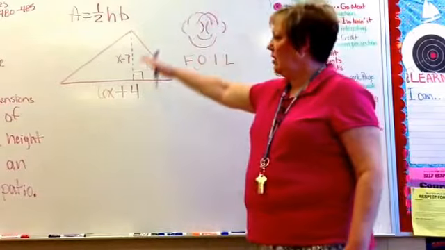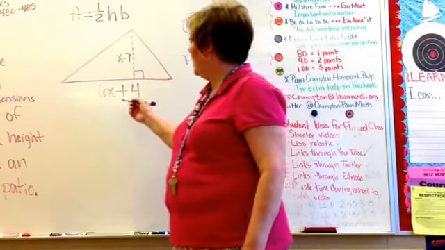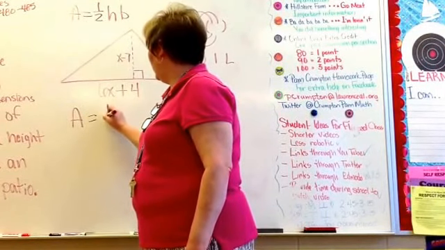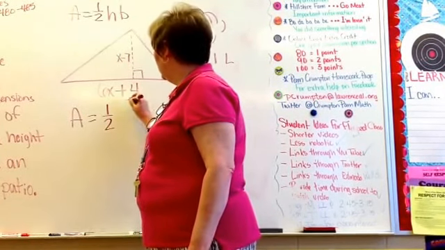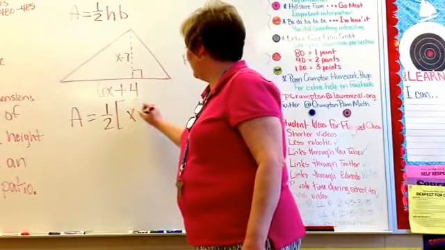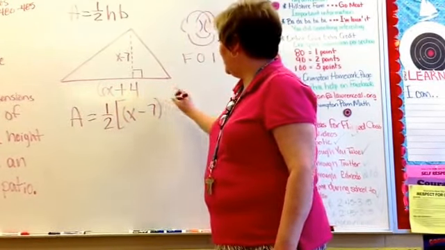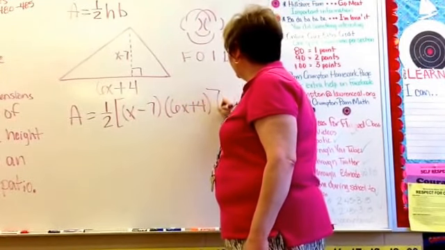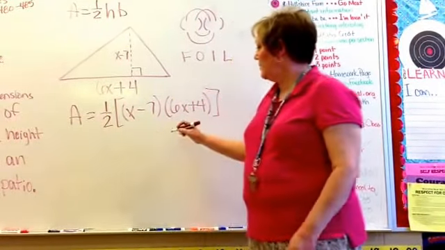Now, let's go back to what we were saying. First, outside, inside, last. Your FOIL method: first, outside, inside, last. Okay, so let's take our information here from the problem. We're trying to find the area of this patio. The area equals 1/2 the height, x minus 7, the base, 6x plus 4. Okay, now let's FOIL this.